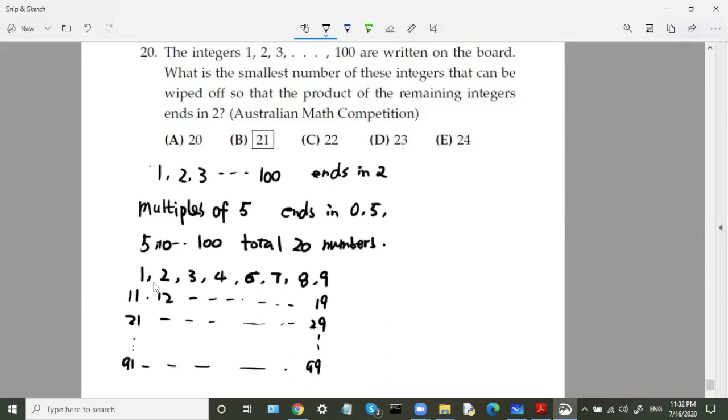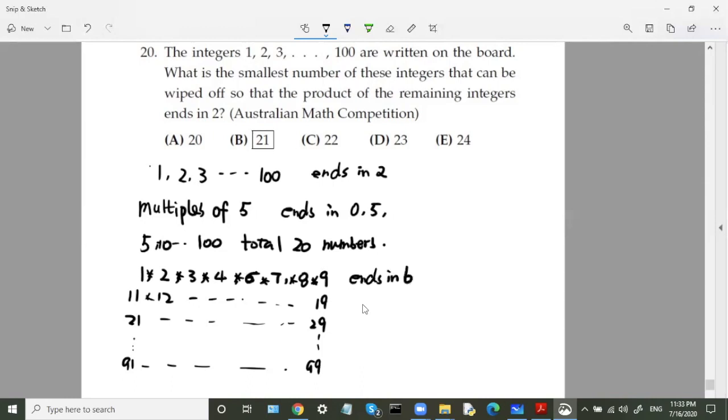Let's figure out the unit digit if we multiply the single digits. 1 times 2 times 3 is 6. 4 times 6 is 24, so 4. 4 times 6 again, then 4. 4 times 7 is 28, so 8. 8 times 8 is 64, so 4. 4 times 9 would end in 6.